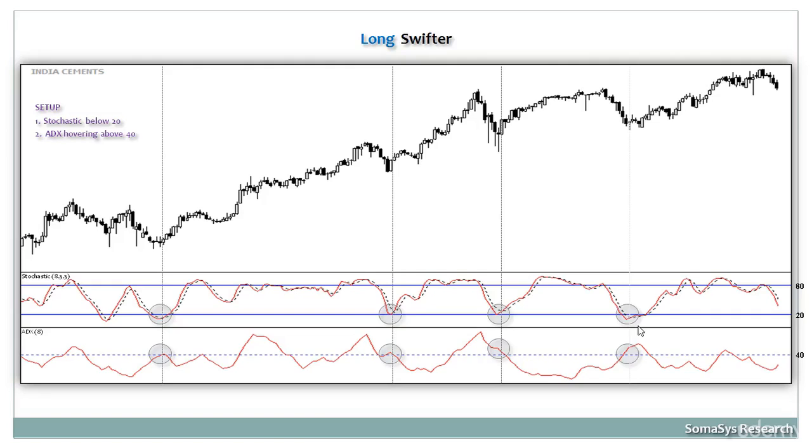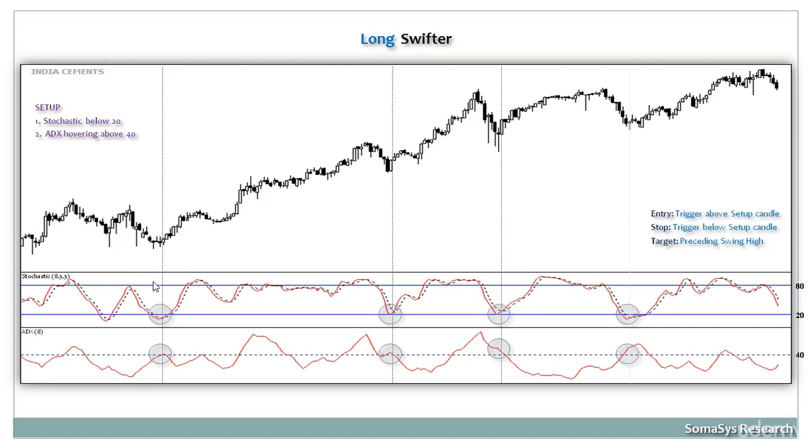Let us now look into entry, stop, and target for a Swifter and then understand the filtering technique. Entry is going to be above the setup candle. Stop is going to be below that very candle, and target will be the preceding swing high. Let's study this first setup on the chart.